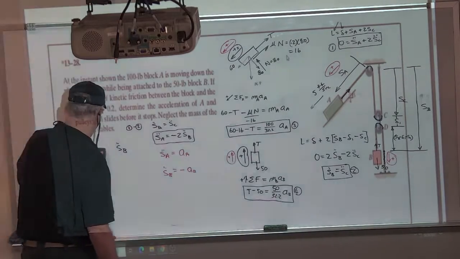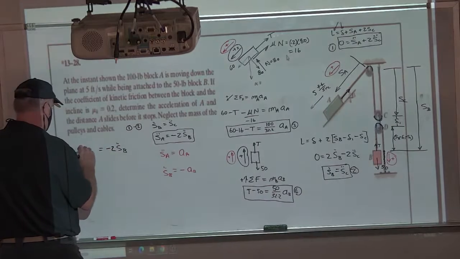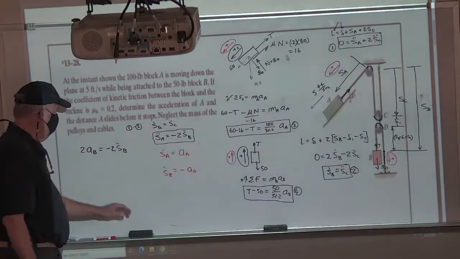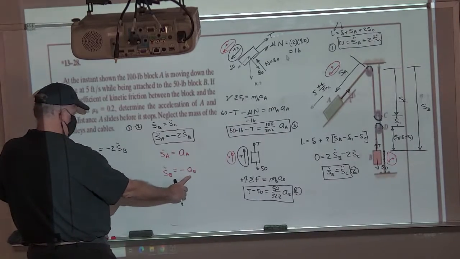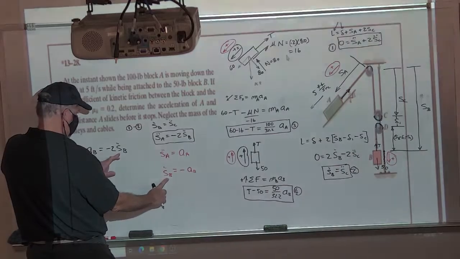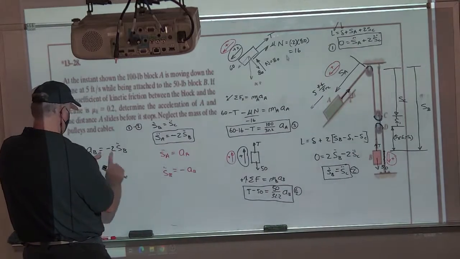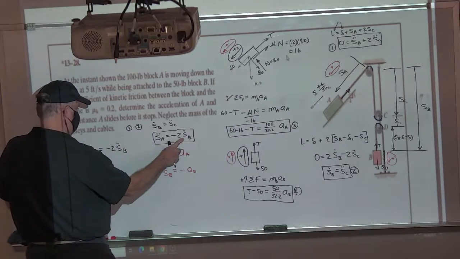If in fact I were to put a 2 in front of it, in other words, acceleration of B is equal to SB with a minus sign in front of it. Multiply times 2, and now I see here what exists here.